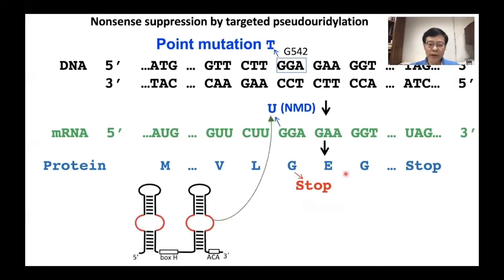But now we can introduce a guide RNA specifically targeting this uridine and convert it into pseudo-U, converting this nonsense codon back to a sense codon again. That allows messenger RNA to accumulate and the ribosome to go through until it hits the next stop codon, the normal stop codon, therefore restoring the full-length protein production.